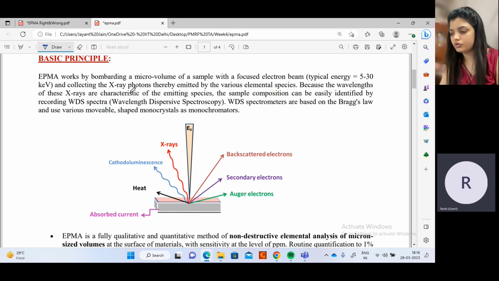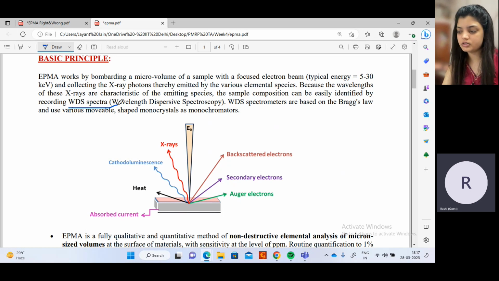X-ray photons will be emitted from various elemental species. The wavelength of these X-rays, rather than the energies, is characterized by the emitting species. The specimen composition can be easily identified by recording WDS spectra.